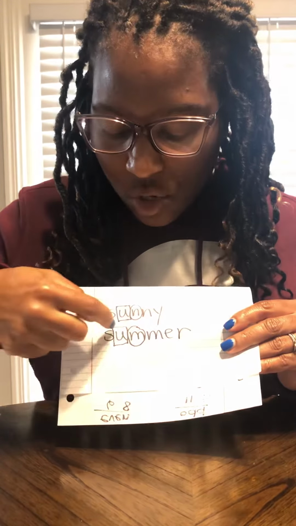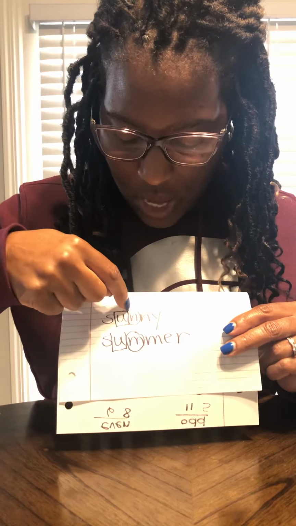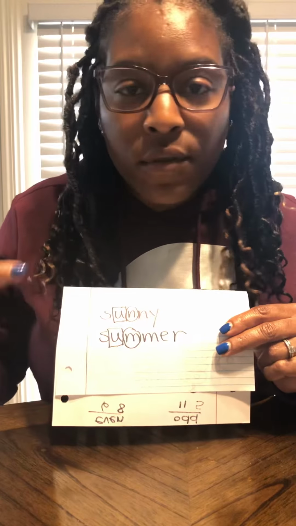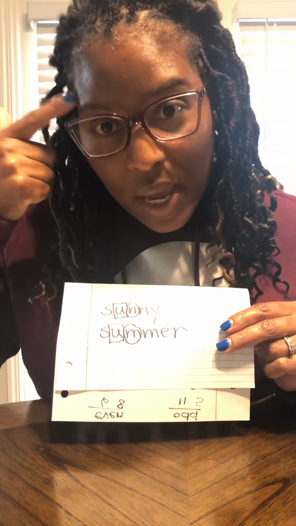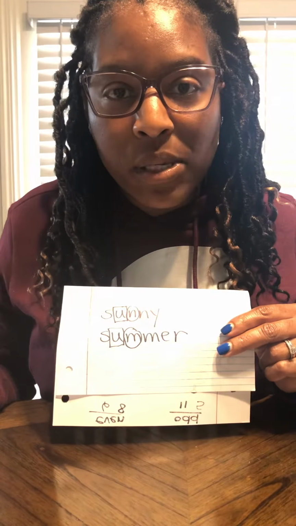If the second letter is the same, which in this case it is U, I put a block around them, they go to the third letter. And guess what? They have the letter N and M there. They know that all they have to do is think about their ABCs in their head and they can tell me which one is going to come first if they have to put it in ABC order.